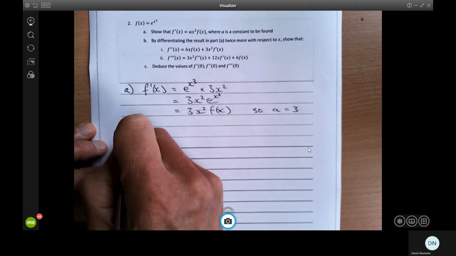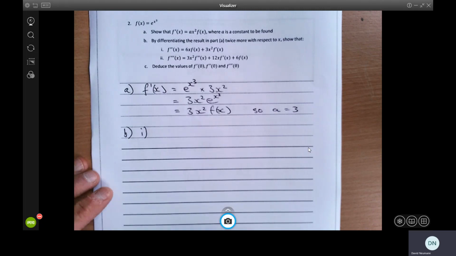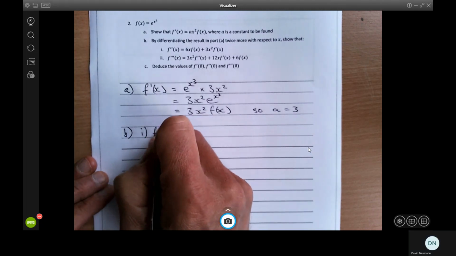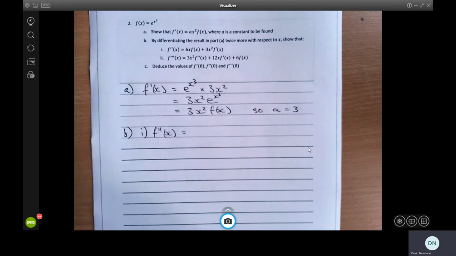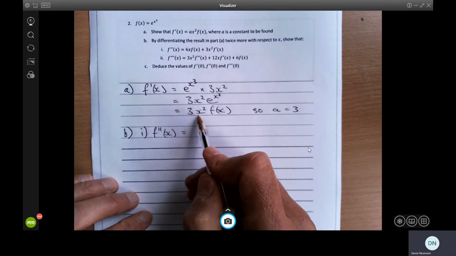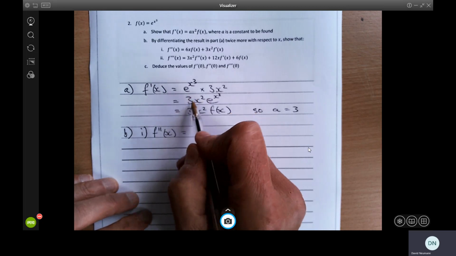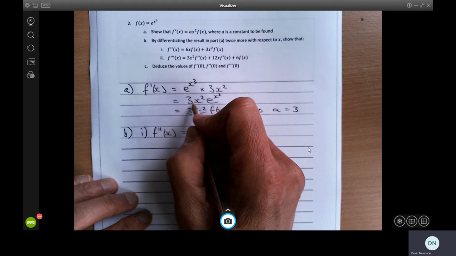Part B. B part 1, that is, f double dashed of x. Well, we've got to differentiate this now. Well, now we've got to use the product rule. So the first part of my product is going to be 3x squared. So I'm going to differentiate that.